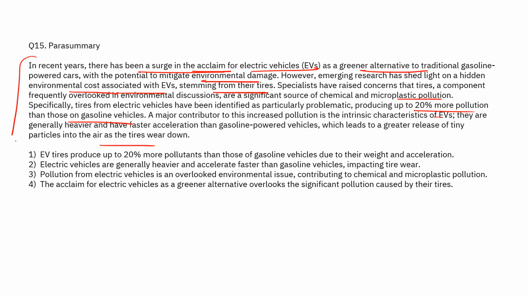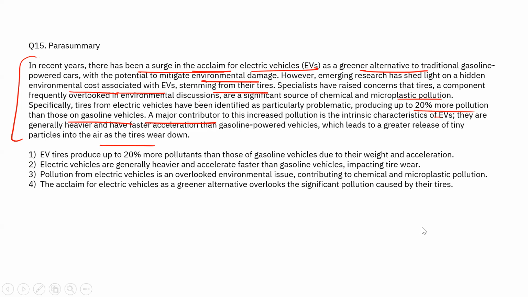So here it says that we obviously give a big credit of reducing environmental impact to EVs. However, we forget that their tires are a very heavy polluter, almost 20% more compared to those on gasoline vehicles. And why is that so? That is also given here.